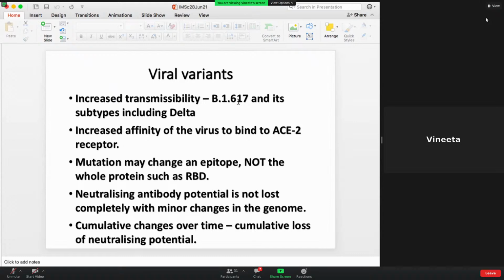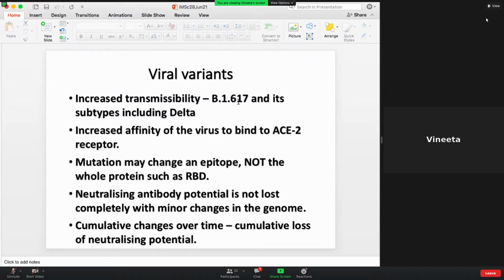As compared to the original Wuhan virus, or the B117, which was the UK variant, B617 seems to have a much better transmission capability, which means the ACE2 receptor, which is expressed on many cells, including epithelial cells, for example the nasal lining, binds this Delta variant with a higher affinity.